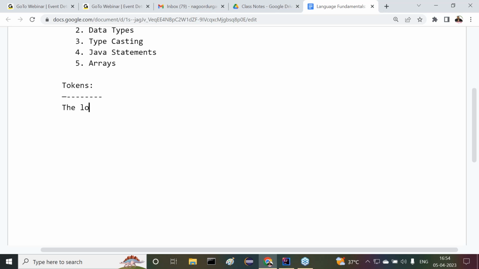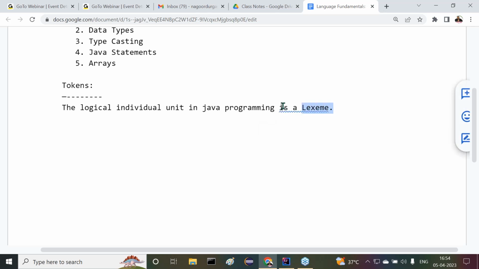The logical individual unit in Java programming is a lexeme. Right, sir? Yes, sir. Do all of you get my point or not?